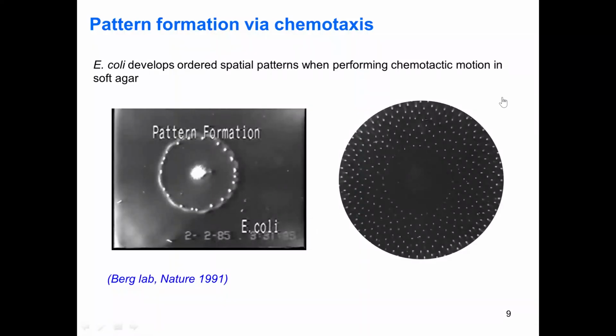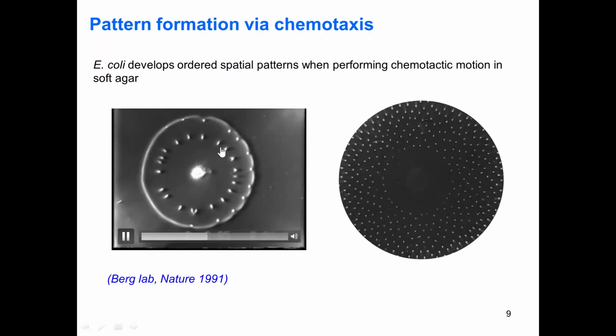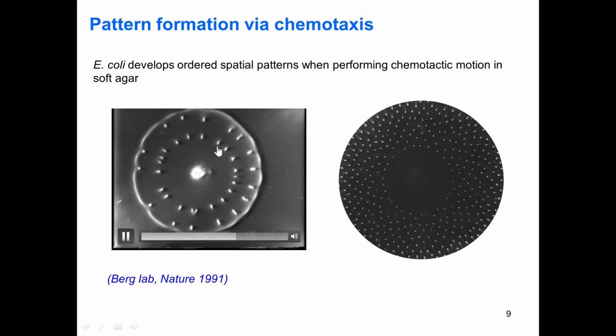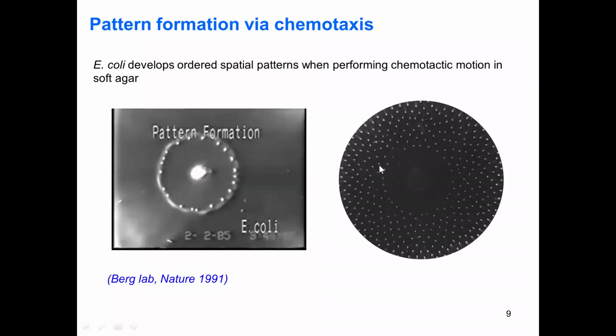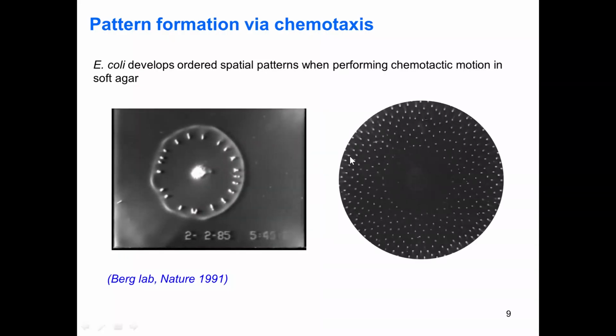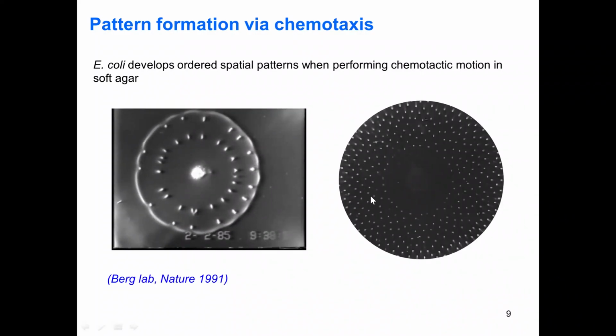Okay. So if we look at the video, initially the dots are more or less of similar size. I think this picture was taken at the very late stage of the pattern formation process.